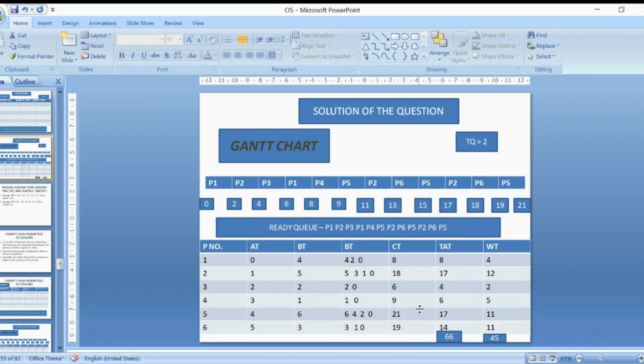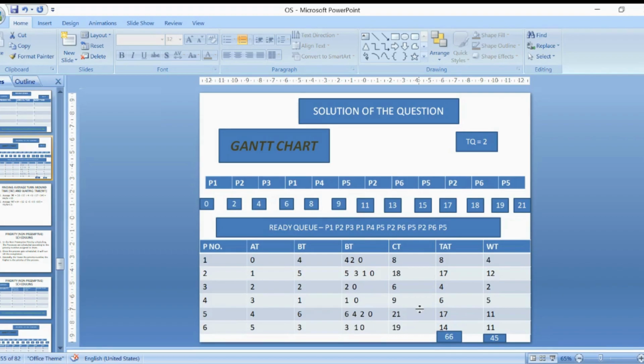After that, P2 will execute its 2 burst times. So now the Gantt chart becomes 13. Since P2 has 1 burst time remaining, we will write it in the ready queue. Now P6 will execute its 2 burst time. Since the time quantum is 2, now the Gantt chart value becomes 15.